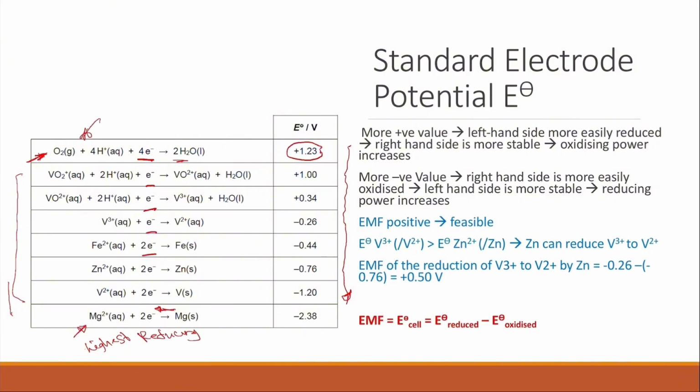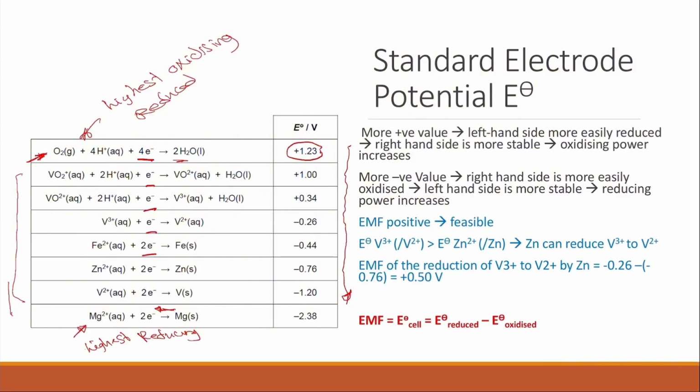And these at the top with the highest positive value will be the highest oxidizing, or they will be mostly reduced. Remember that the thing that is reduced is the oxidizing agent. The thing that is oxidized is the reducing agent.